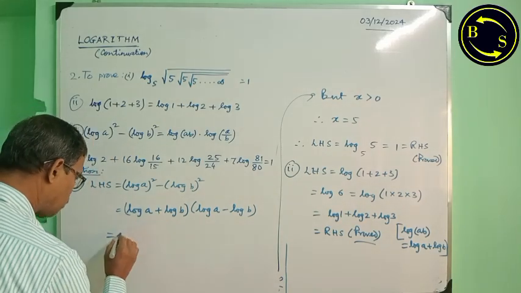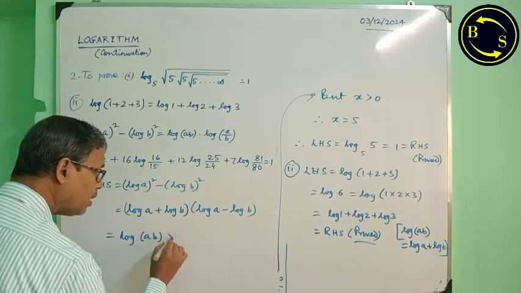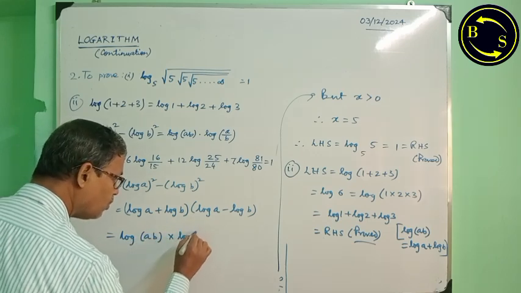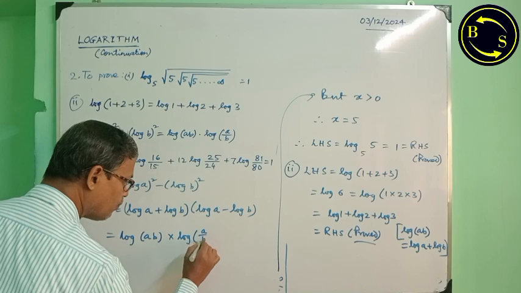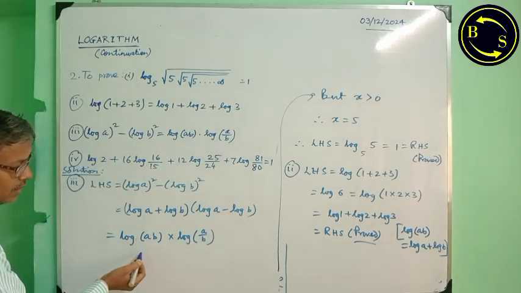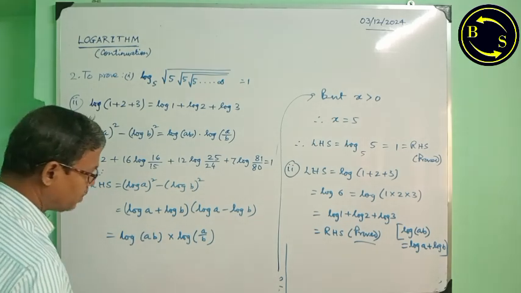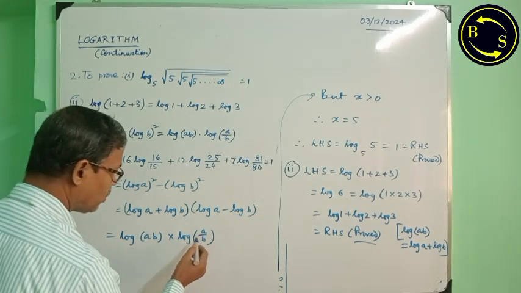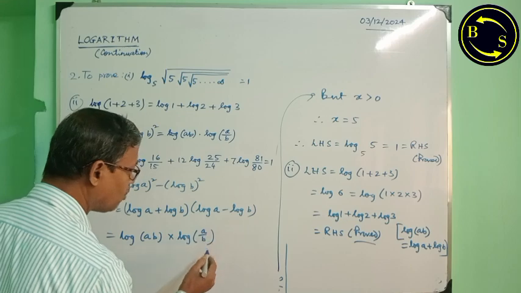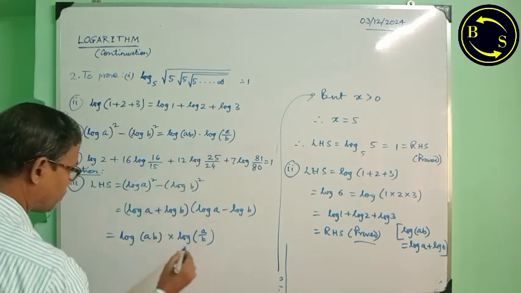Now as per formula, this will be log of AB into log of A by B. This is product formula. Also we can call sum formula, conversion. Then log of AB into log of A by B. Now this is the RHS part.